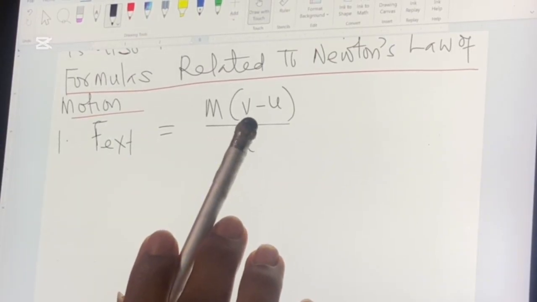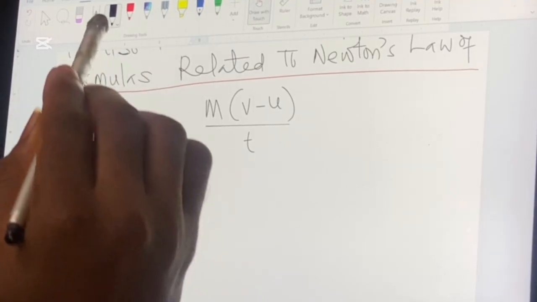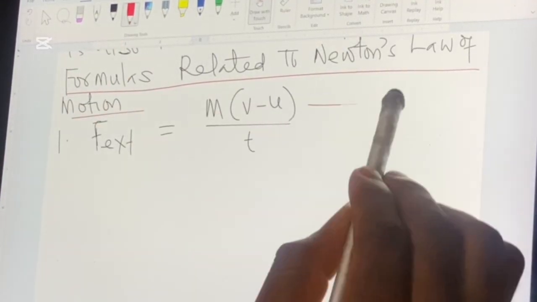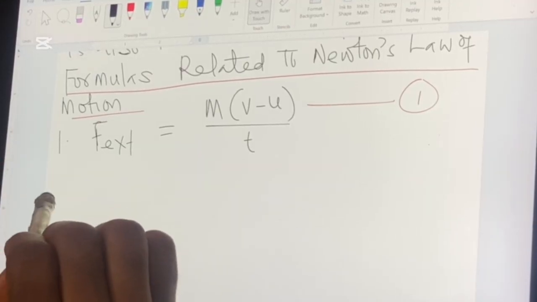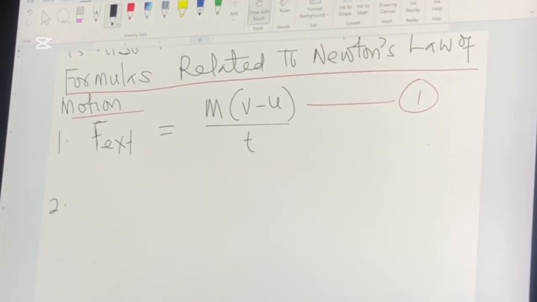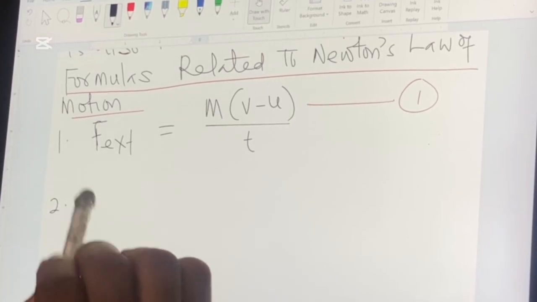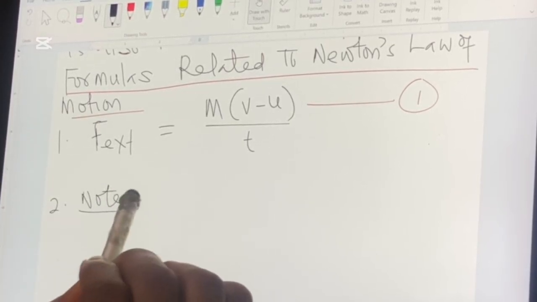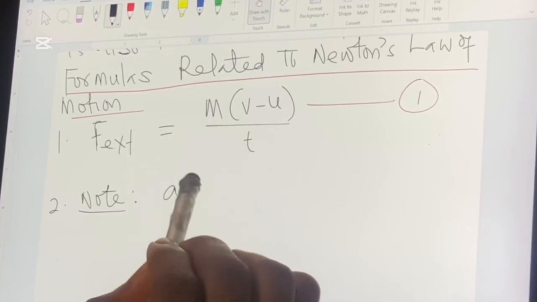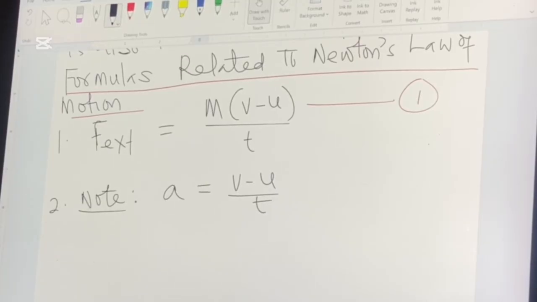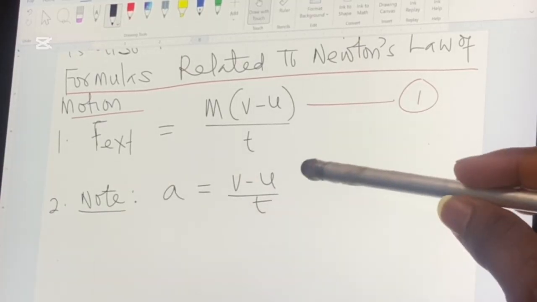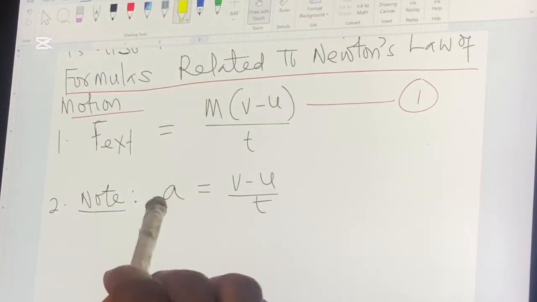Please take note. From formula 1, let's get the next formula, that is formula 2. Before we derive or modify the first formula to get the second formula, we have to understand this. Note that A is equal to V minus U over T. From equation of motion, we know that V minus U over T is the same thing as acceleration.